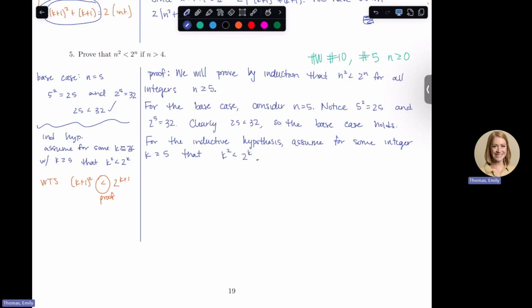Any questions so far? Okay, I'm going to consider k plus 1 squared, which is equal to k squared plus 2k plus 1, which is less than 2 to the k plus 2k plus 1 using the inductive hypothesis. Yes? Okay.